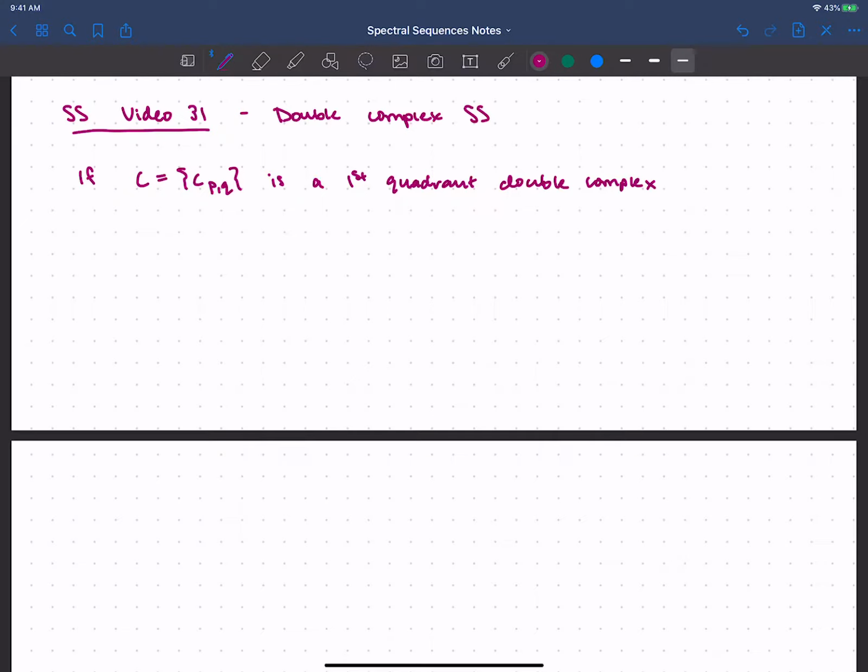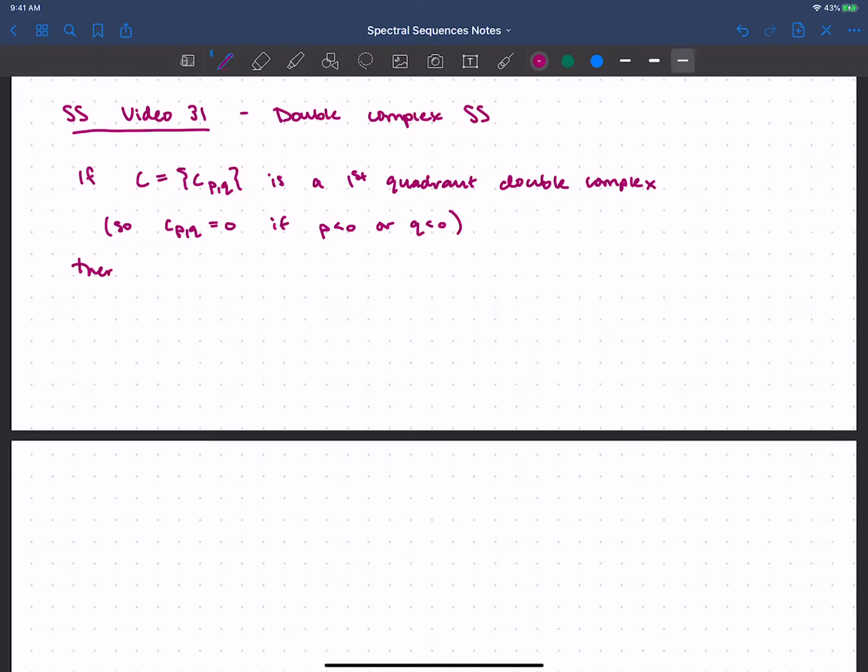I think I said that in the last video, but let me be really precise. C^{P,Q} should be 0 if P is less than 0 or Q is less than 0. I would draw my picture in the normal way with P on the horizontal and Q on the vertical, and it would show up in the first quadrant.